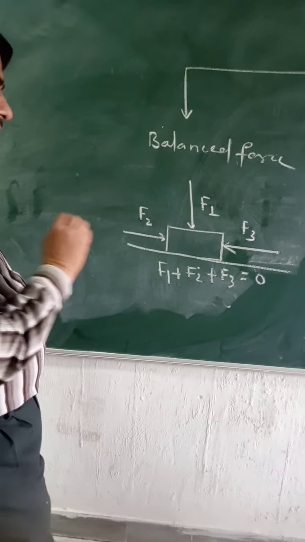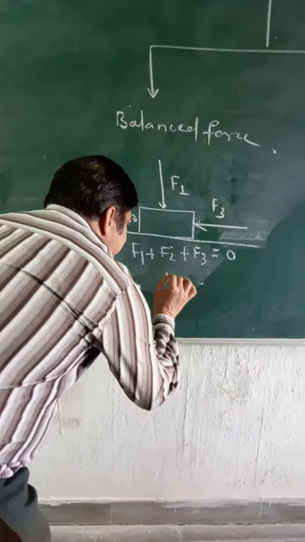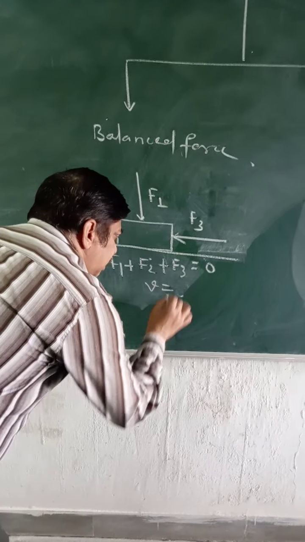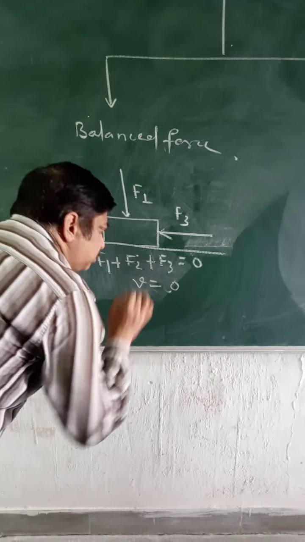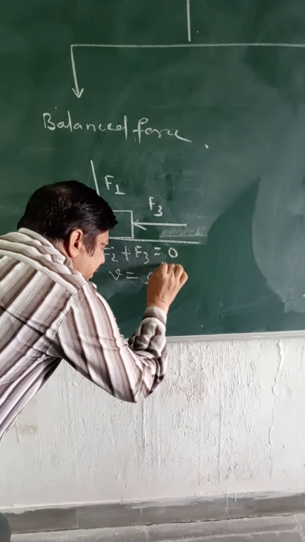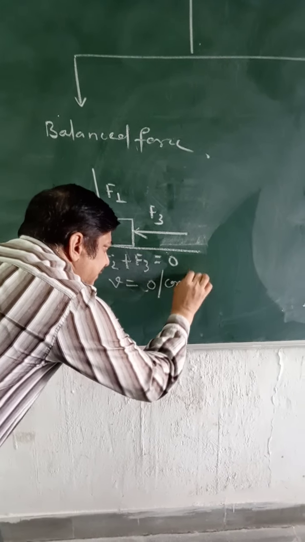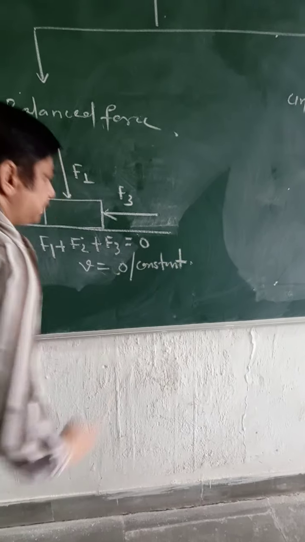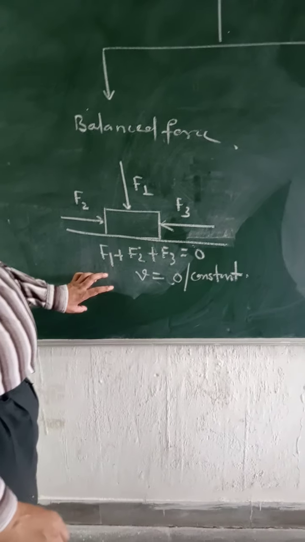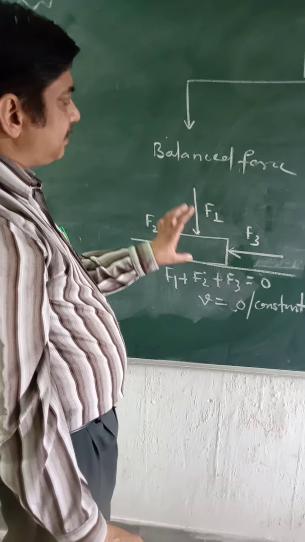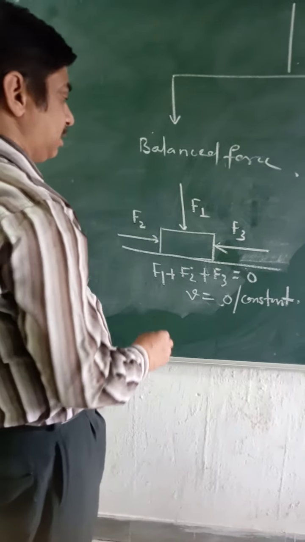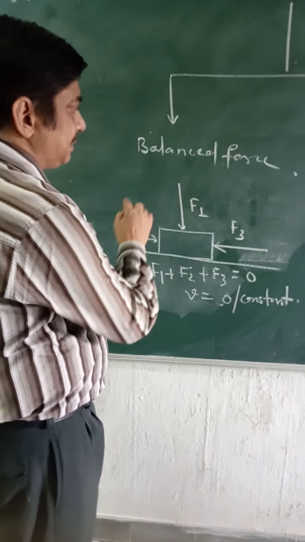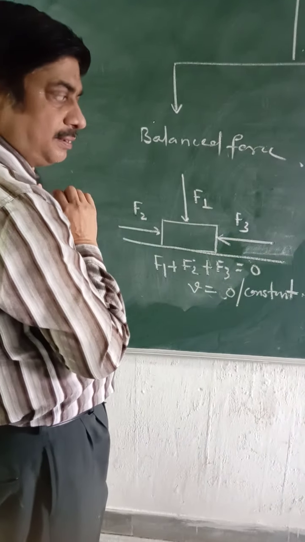Due to that, the velocity of the object is equal to 0 or constant. Then whatever forces are acting on this particular object are said to be balanced.